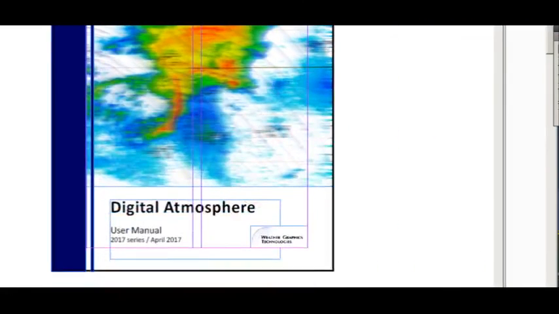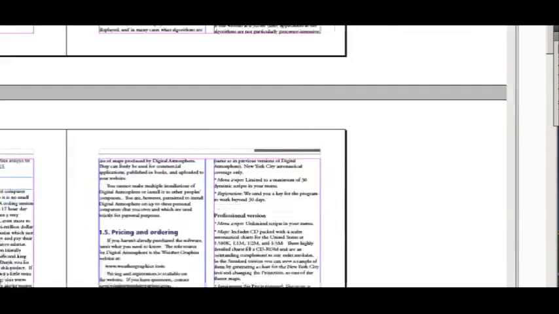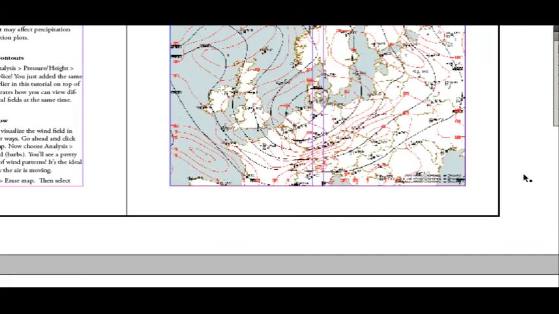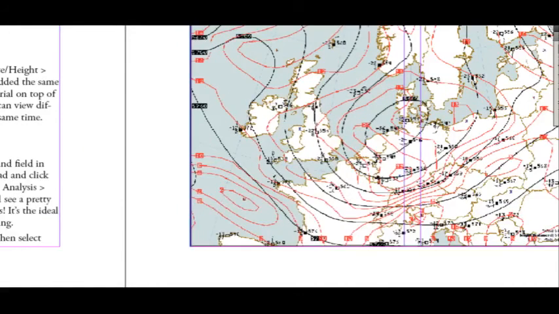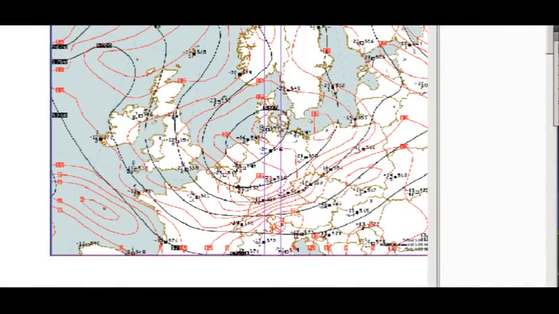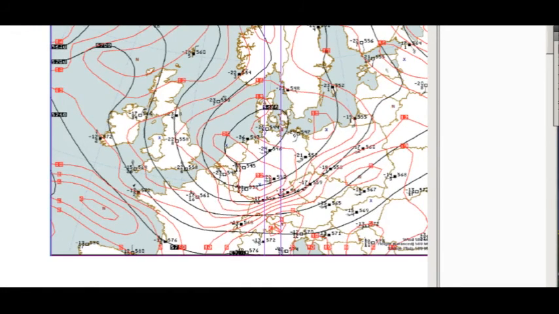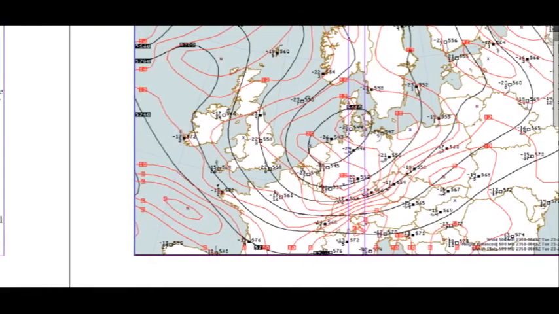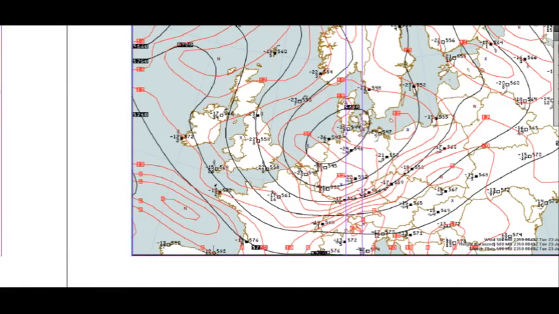Digital Atmosphere User Manual, April 2017. A little bit late, but there it is, coming together gradually. So I'm kind of putting this together as I do the programming, and you can really see the kind of charts you can construct. Like out here, this is out here for Europe. So a lot of stuff you can put together there for digital atmosphere.